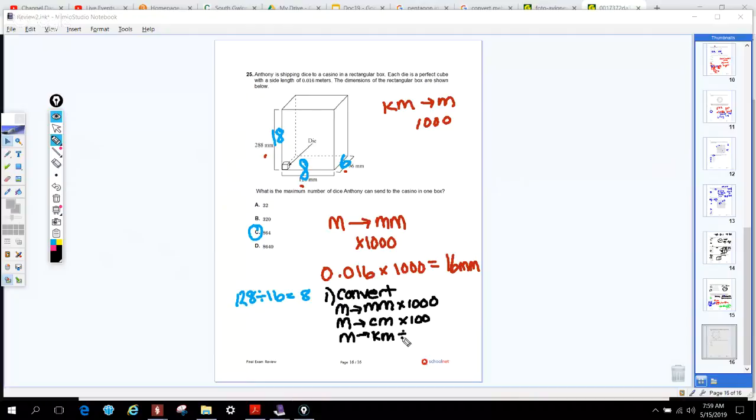If you go kilometers to meters, you also multiply by 1,000. So if you have to go from meters to kilometers, then you'll divide by 1,000. If you have to go from millimeters to meters, you divide. So it depends on which way you end up going. That's your first step. Then you have to figure out the sides, and then you would do the volume problem. That problem was intense. All right, next.